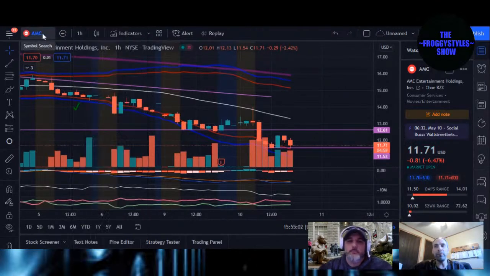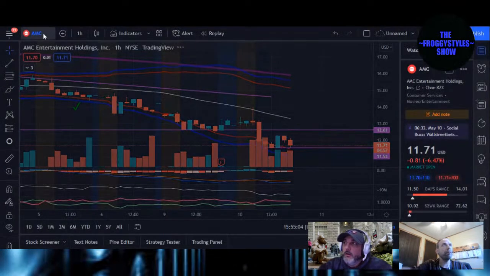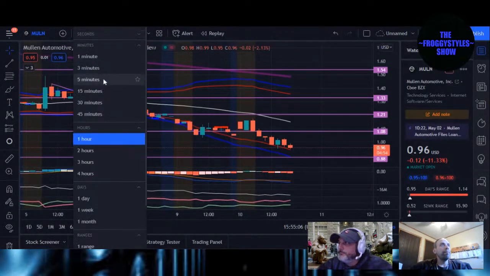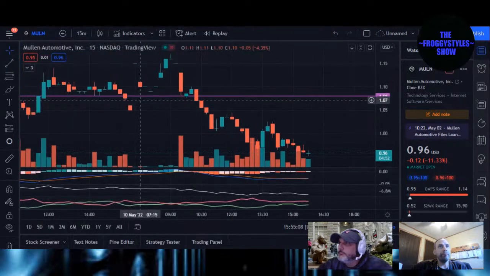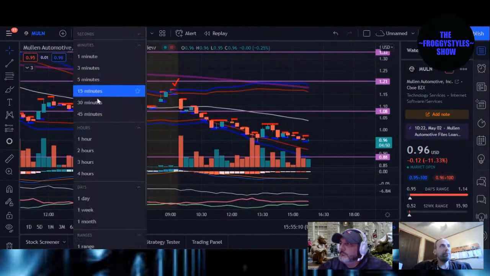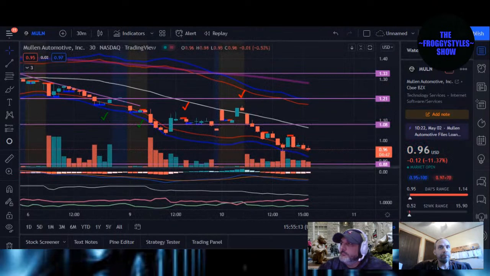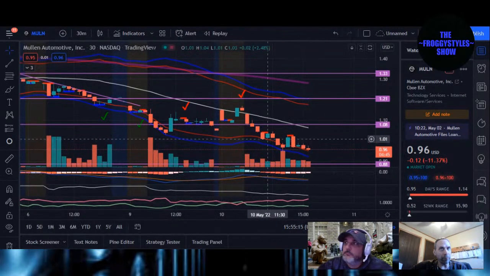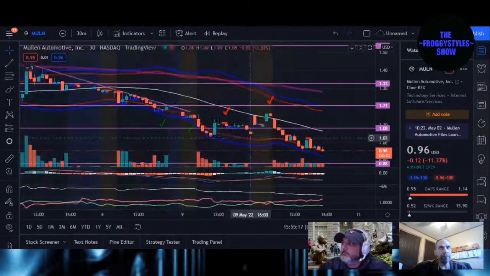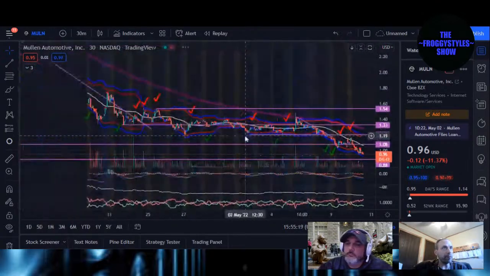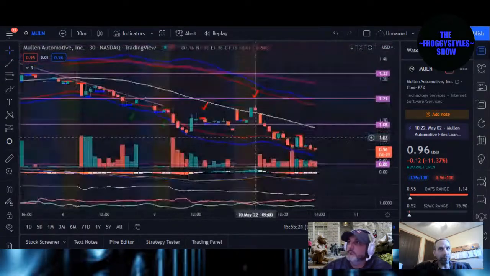Let me pull up MULN real quick. Same thing, it's starting to come off the bottom. It's oversold. I don't have another comparable bottom, so that's going to have to be the bottom.